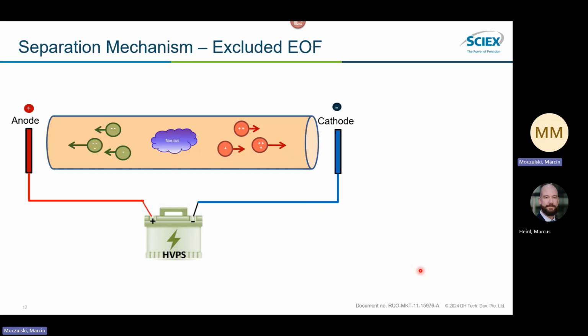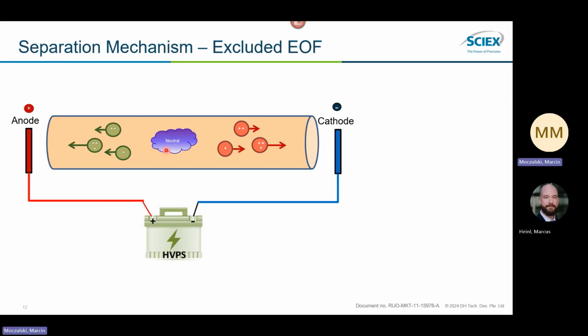The separation is based on electrophoresis, when there is no impact of electroosmotic flow, allowing a bidirectional process of separation of charged molecules, where negatively charged molecules can easily move to the positively charged anode, and positively charged molecules move through the capillary to the negatively charged cathode. Neutral components cannot move in this mechanism.